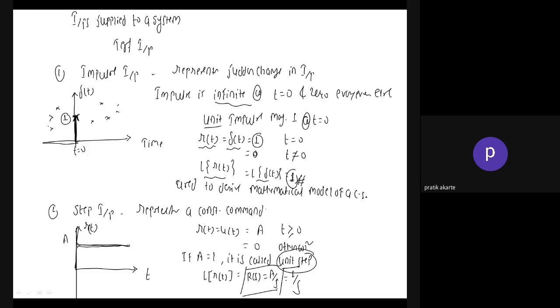Okay. Next type of input is the ramp input. Now ramp, you might have heard this word. We use ramps in various buildings or hospitals to assist people with disability.